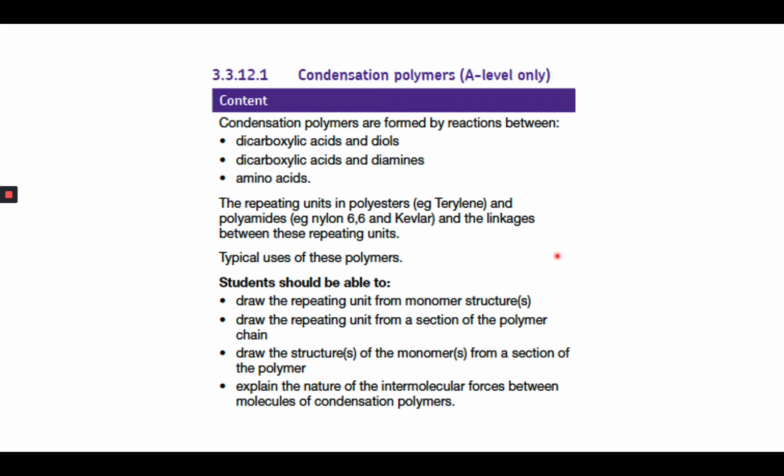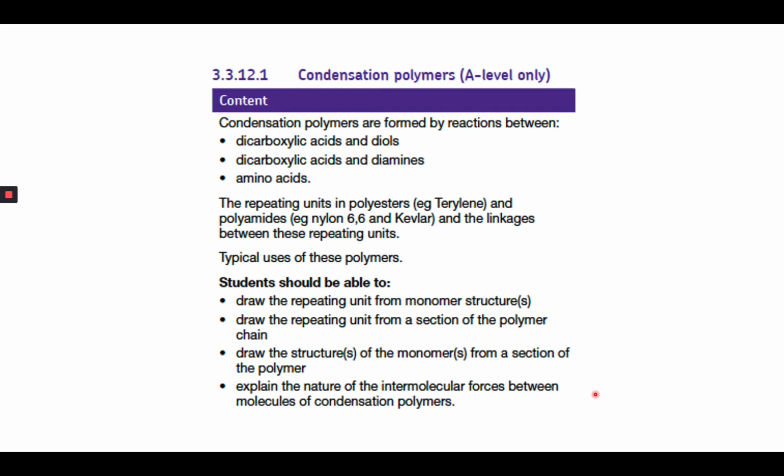Then we've got that the student should be able to draw the repeating unit from a monomer structure, draw the repeating unit from a section of the polymer chain, draw the structure of the monomer or monomers from a section of the polymer, and explain the nature of the intermolecular forces between the molecules of condensation polymers. We're actually going to talk about this final bullet point when we talk about the environmental side or the biodegradability, because that's where we can speak most usefully about it, although that's not solely where it's relevant.